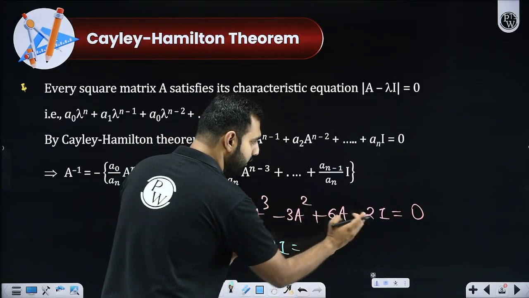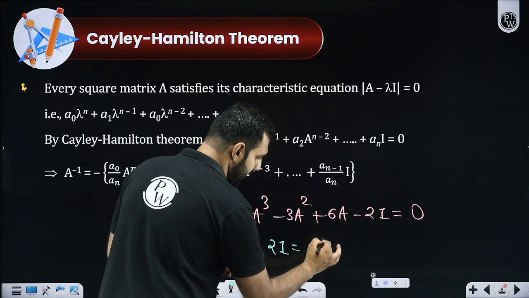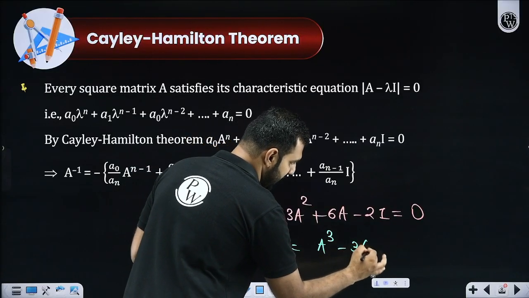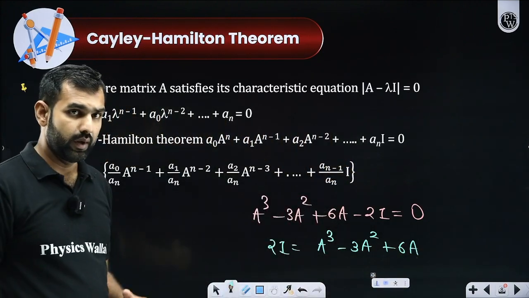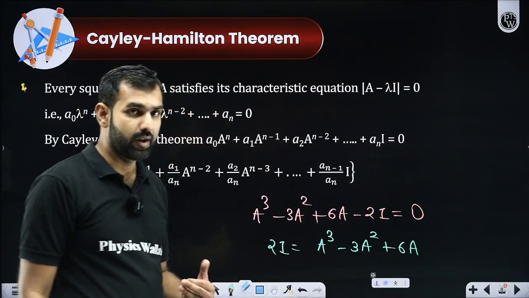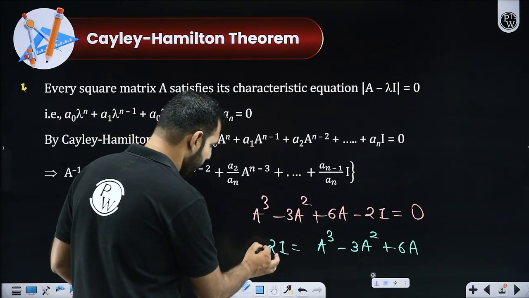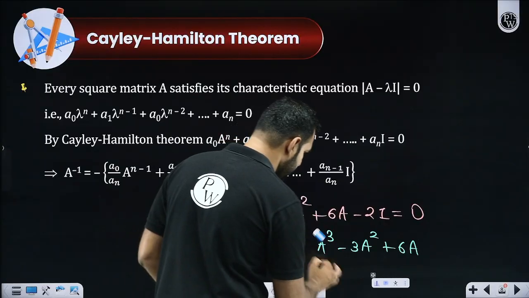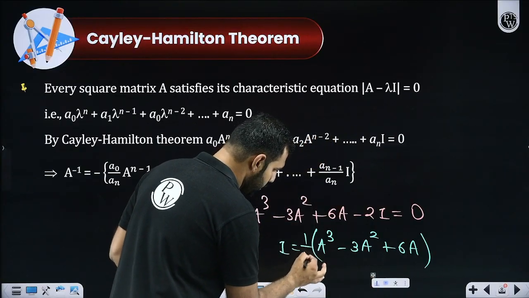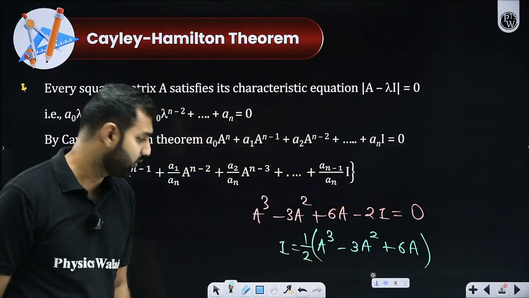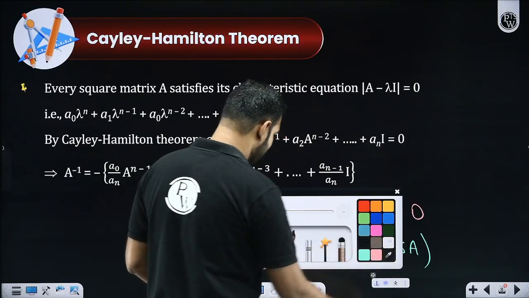This whole part I keep here, 2I I take there. So 2I will be A cubed minus 3A squared plus 6A. Yes or no? Now, I can multiply it by 1 by 2 on both sides. 1 by 2 is a scalar. So if I'm multiplying it by 1 by 2 on both sides, it will look like this. Yes or no?